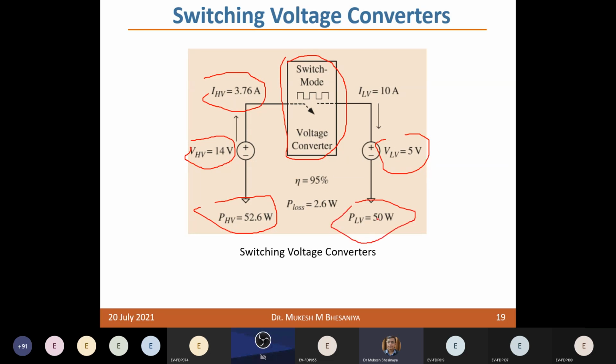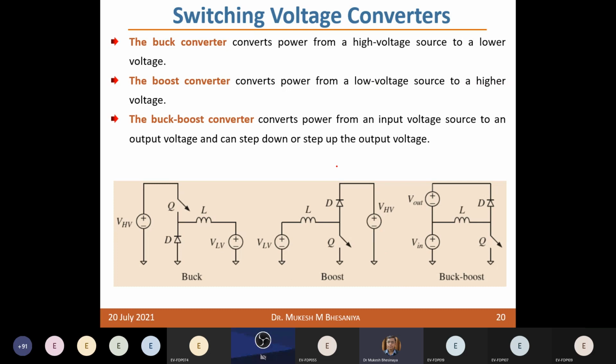So for the 50 watt output power requirement, the input power drawn by the converter and load will be around 52.6 watt. This is one simple example. The efficiency of this will be around 95%. The losses in the converter may be around 2.6 watt or so. So this is the main advantage. That's why we don't go for resistor based or linear regulators.